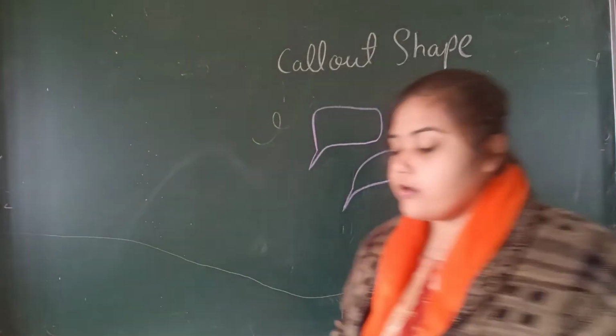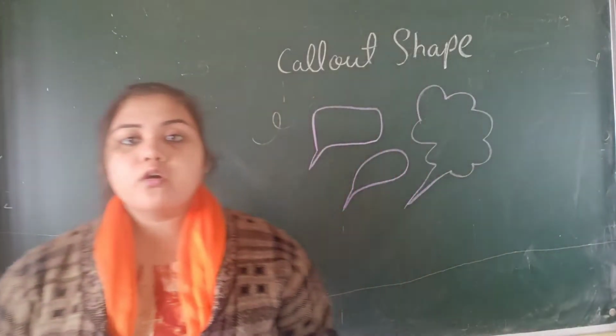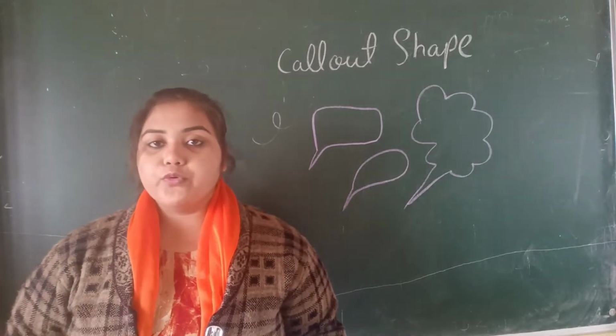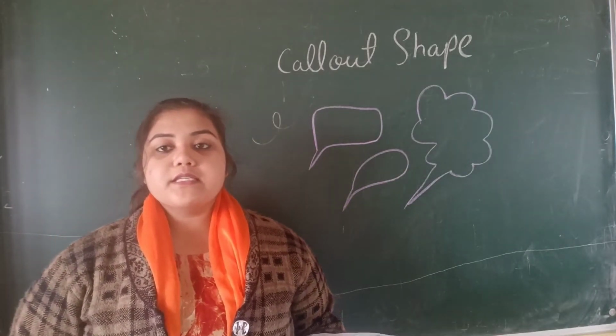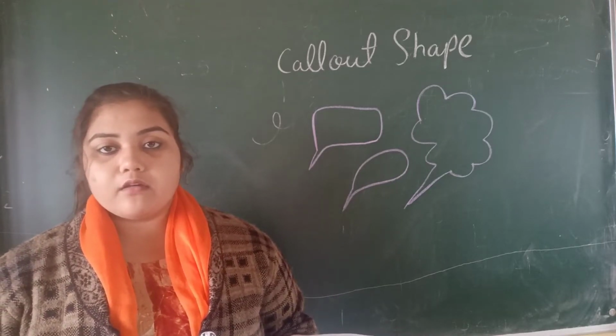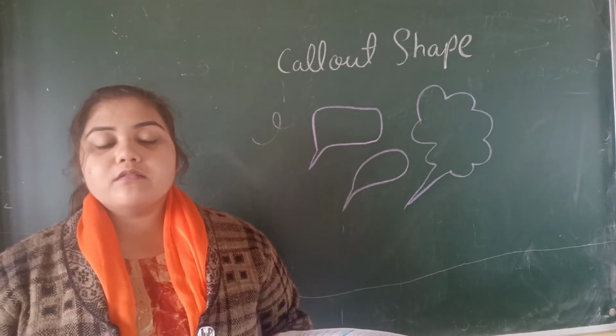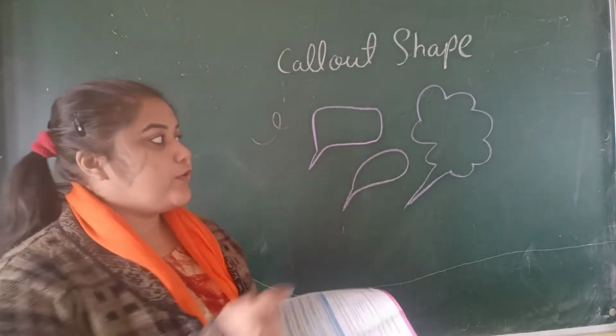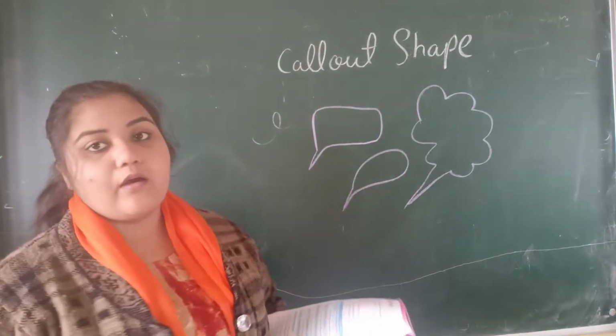If you are reading any comic book or watching any cartoon, you can see some animated cartoons. They are not going to speak. Whatever they are saying, you can see in this callout.